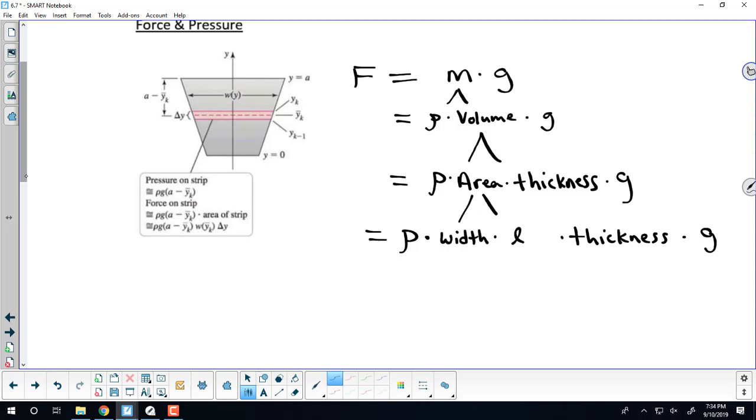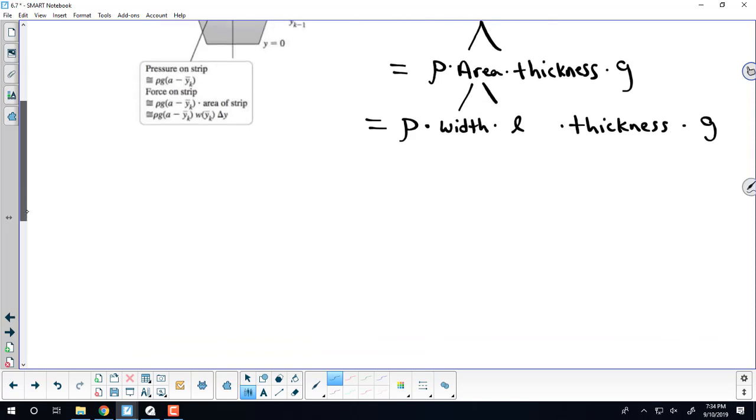But this time, when we're talking about the width, going back to reference this figure, the width is a function of y, because depending on the container, or the face of the dam, it could change or vary as we move from top to bottom. It's a similar thought process to calculating the work. Here's where we break it down just a little differently because we're using different information.